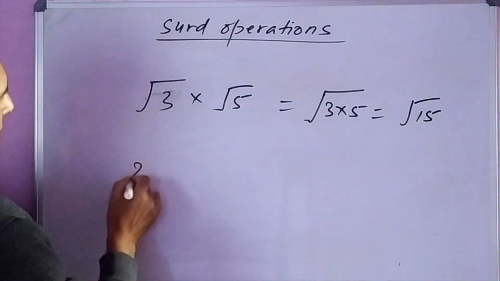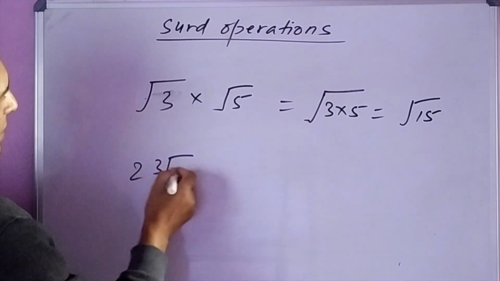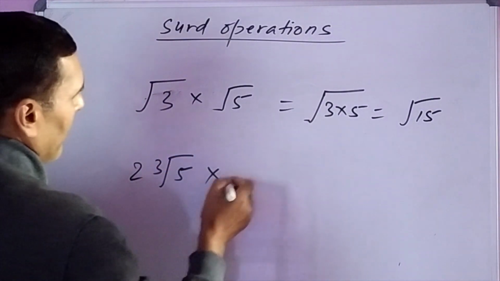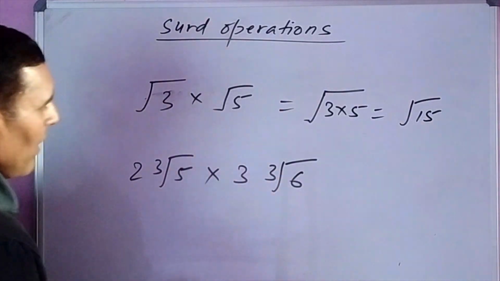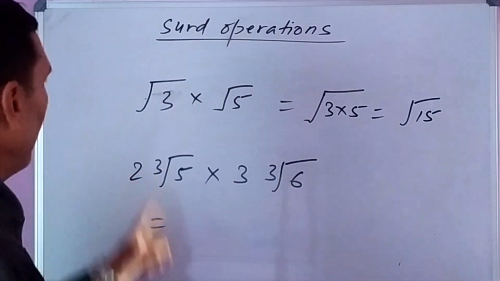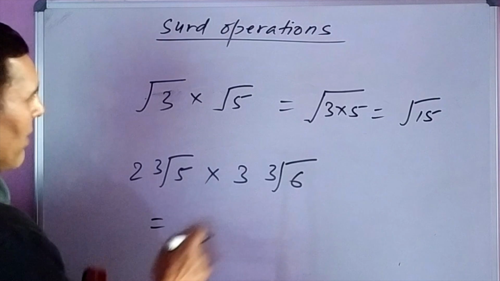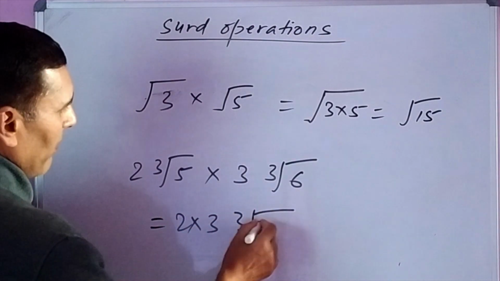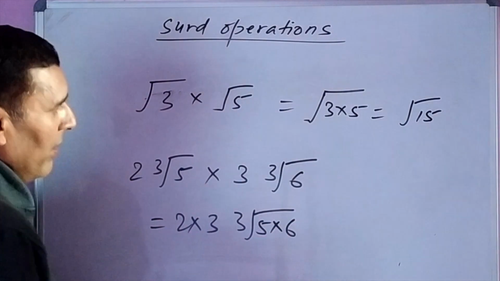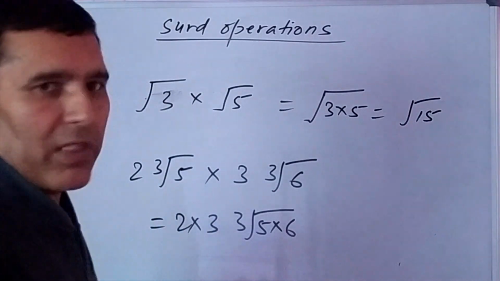Just like this, 2 times cube root of 5 into 3 times cube root of 6. So what will be the product? 2 into 3, the coefficients multiplied together, and cube root of 5 into 6, the sorts multiplied together.